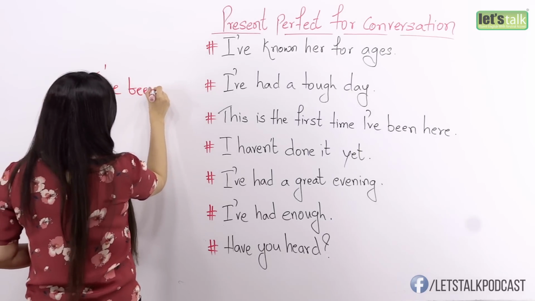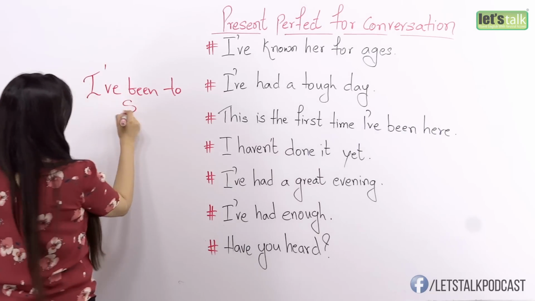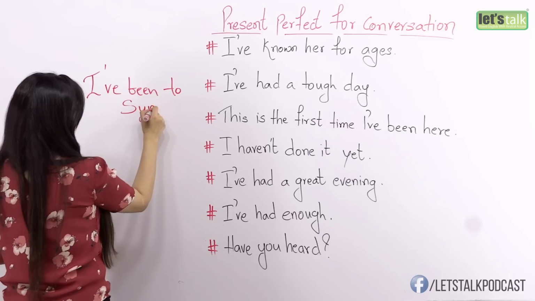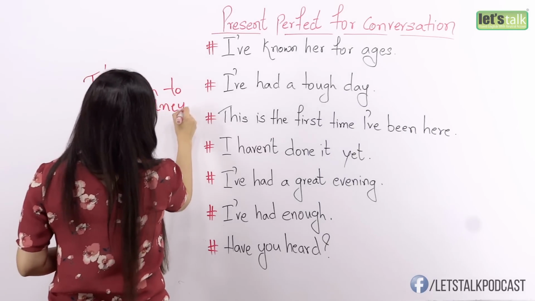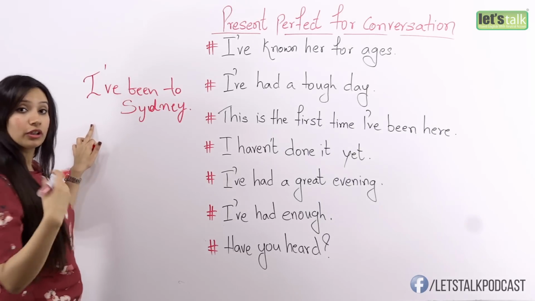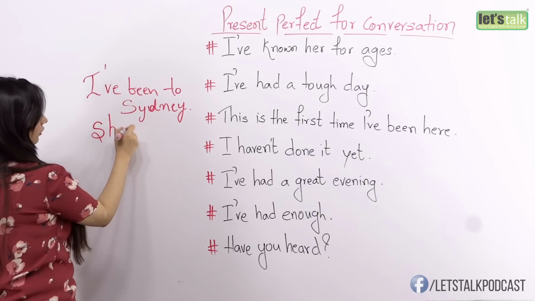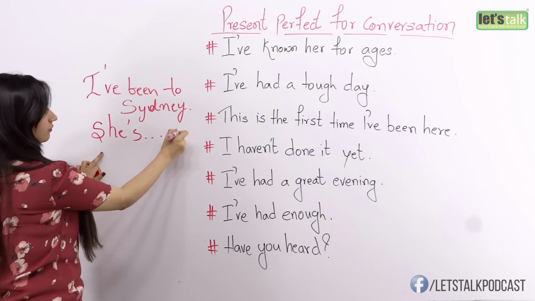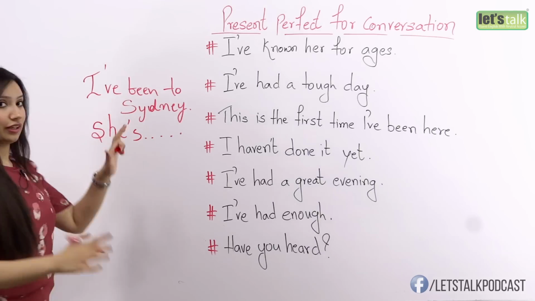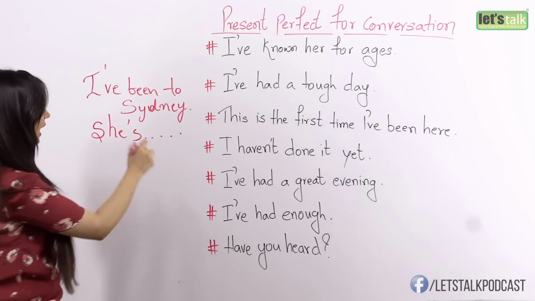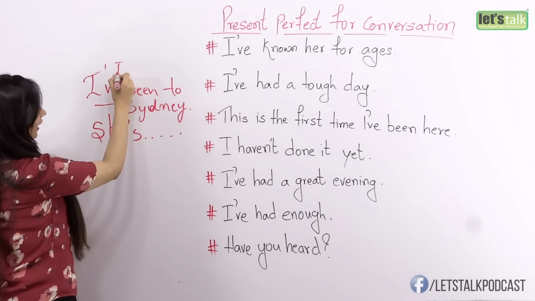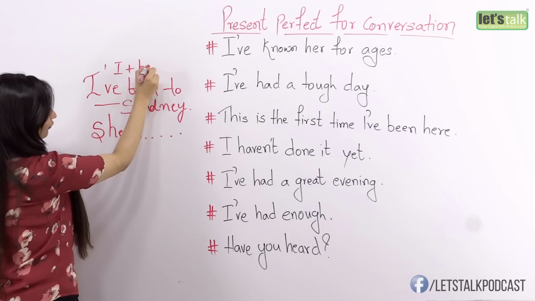I've been to Sydney. But if you want to talk about someone else, for example, she, then you'd say she's been to Sydney. Okay, first things first. I've stands for I plus have.